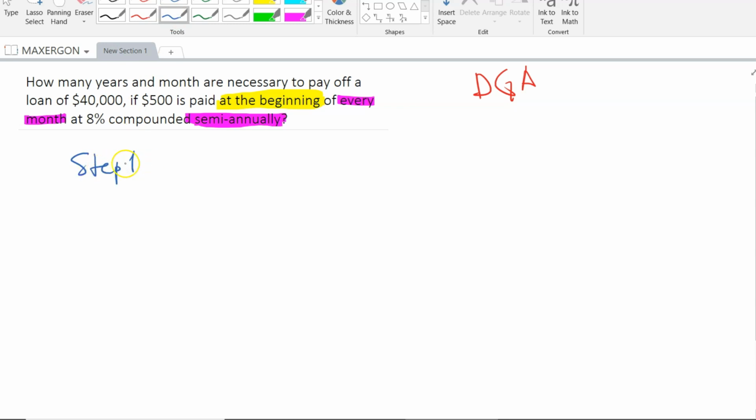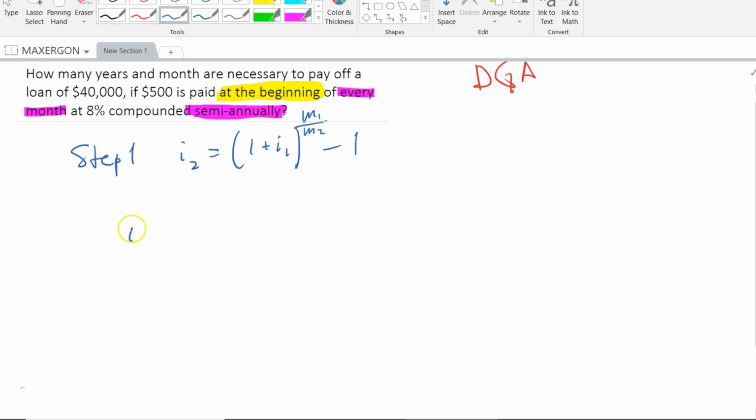We will convert the rate right now by using the formula for I2: 1 plus I1, to the power M1 over M2, minus 1. I1 is the known periodic rate. M1 is the number of times the known periodic rate is compounded. M2 is the number of times the unknown periodic rate I2 is compounded.